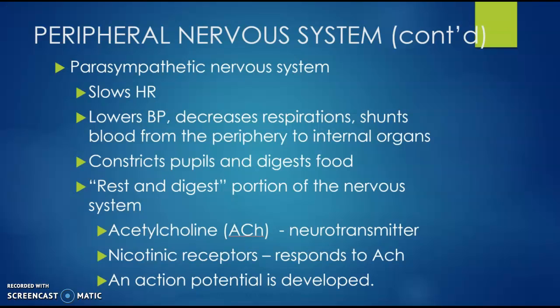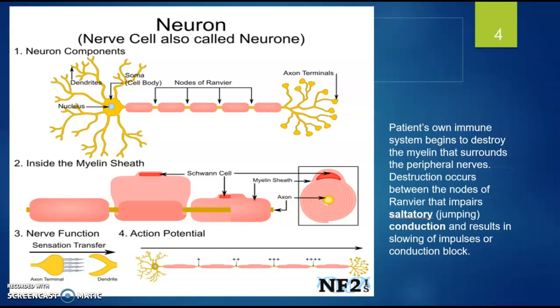You're going to see some issues with these two diseases we're going to talk about, that either there is an issue with the myelin sheath that is protecting this process, or it may be that there is an issue at the receptor sites that is creating a loss of action potential being developed. And so I'll quickly run through those, but that's just the backdrop of it.